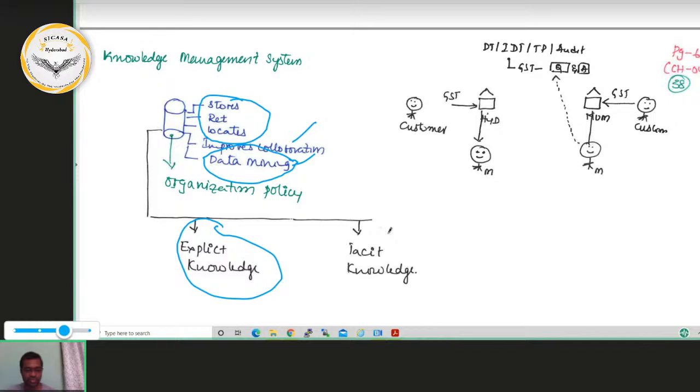Any data which is generated within an organization is called internal data, like sales data, expense data, etc.